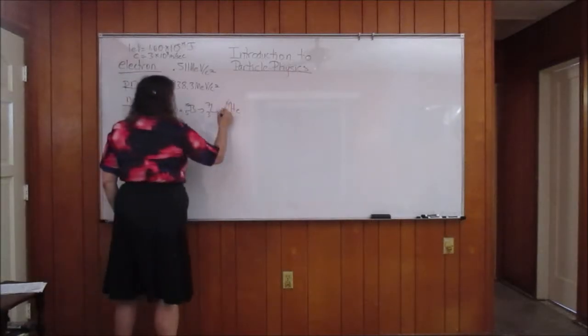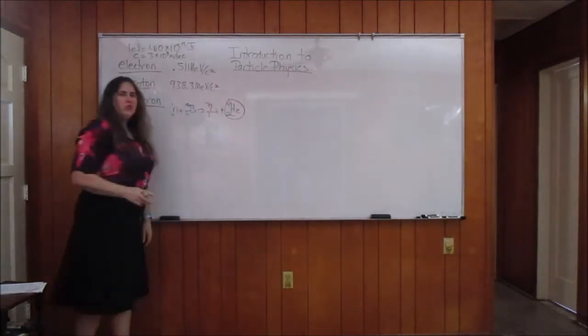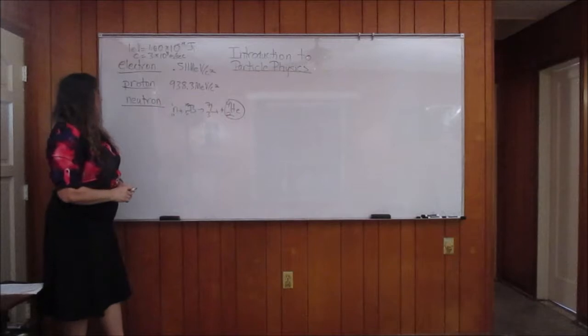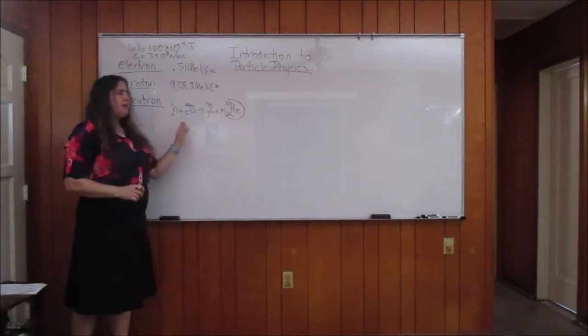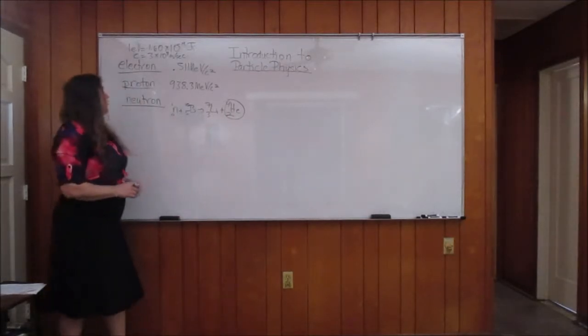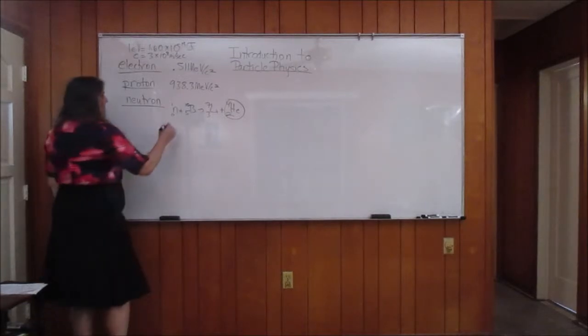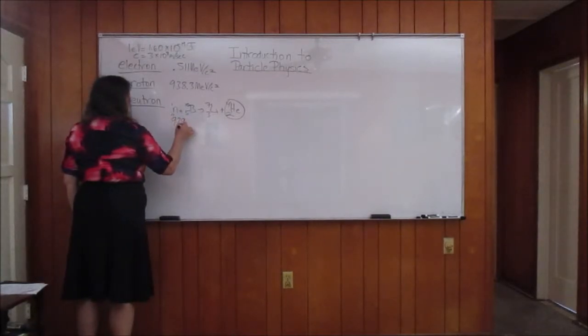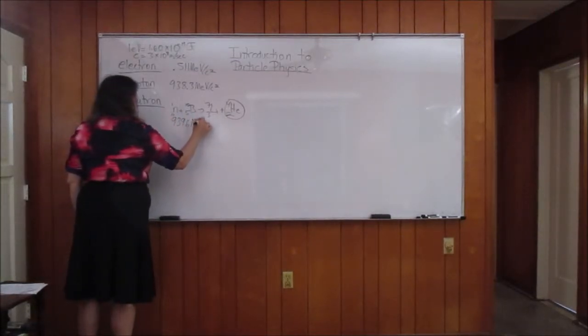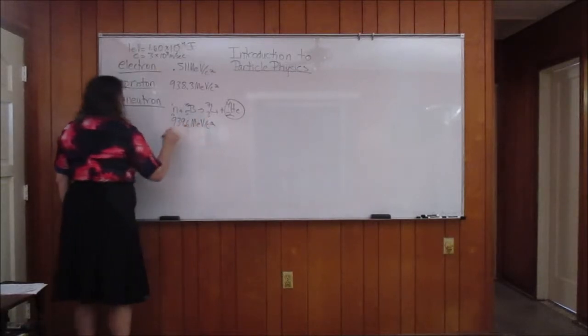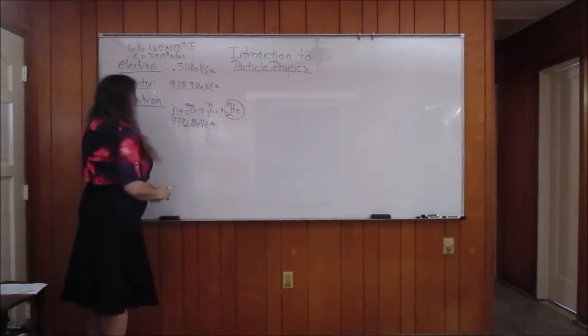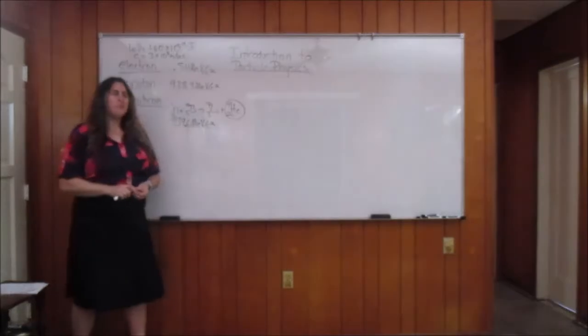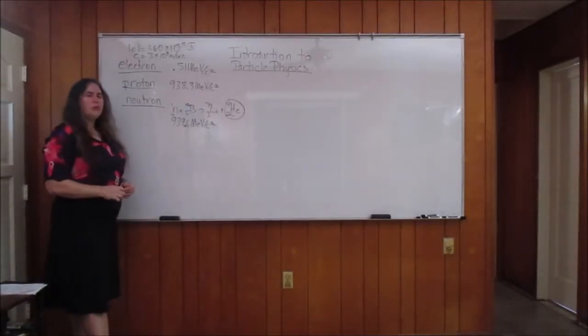The alpha particle carries charge, so that is very easy to detect. So that is essentially how the neutron was discovered, and it has a mass of 939.6 megaelectron volts over c squared. Okay, so those are your electron, your proton, and your neutron.